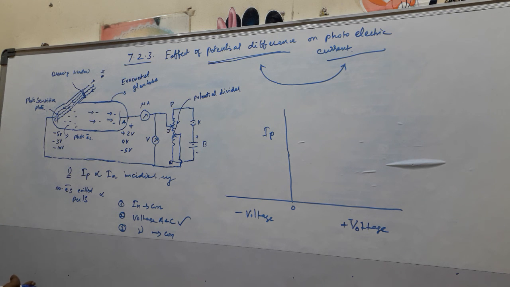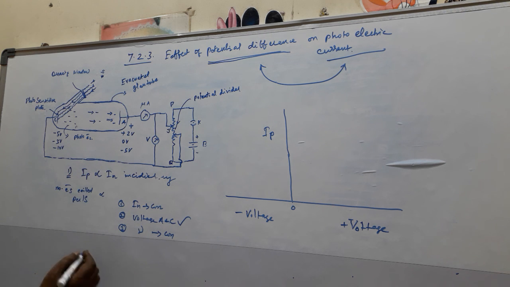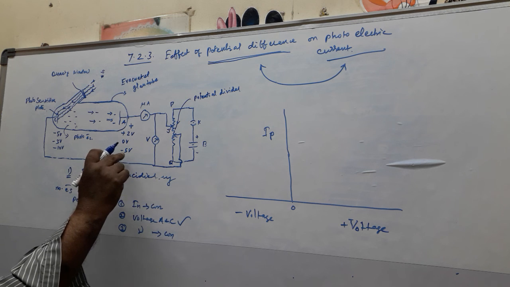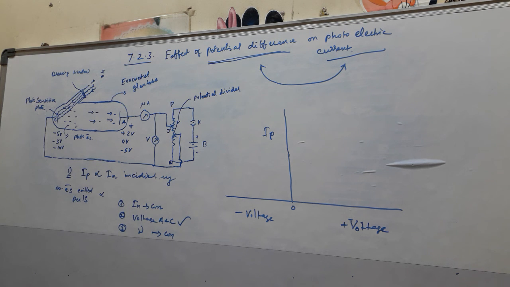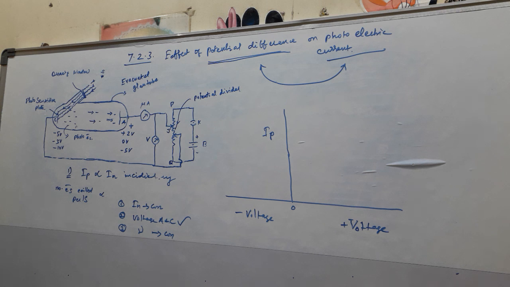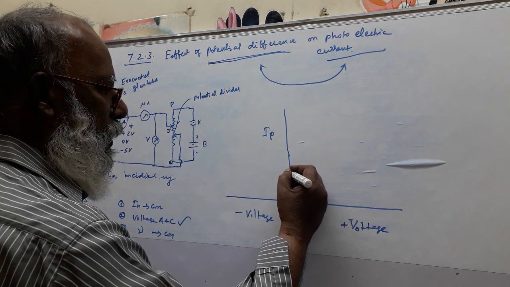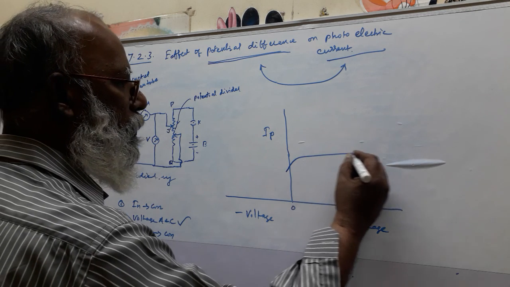Even now, A is positive compared with C, because the anode is closer to 0. That's why it is positive. Now the photoelectric emission happens, and there is a current IP. Now we want to draw a graph of this variation of voltage against current. Then we will get a graph like this.